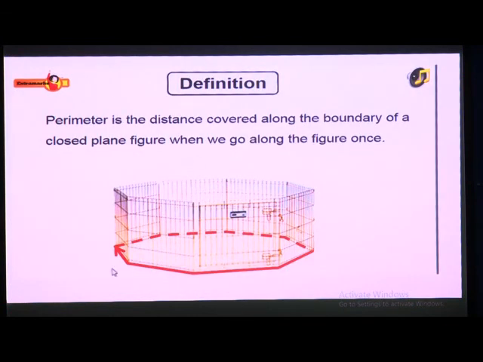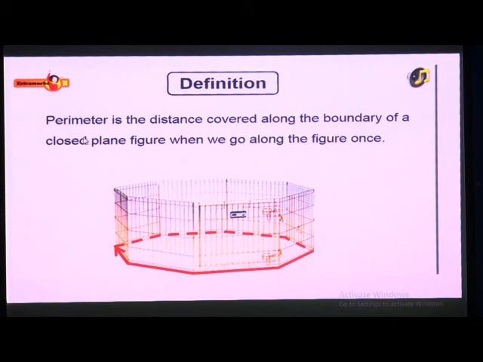You can see here, this is a fencing. Perimeter is the distance covered along the boundary of a closed plane figure when we go along the figure once. See, this is a boundary. You can see the red dotted line as well as the plain line here. It is the fencing. It is a three-dimensional shape. It is the boundary.